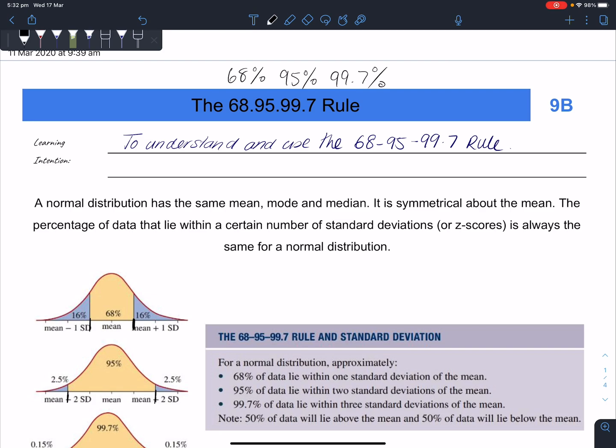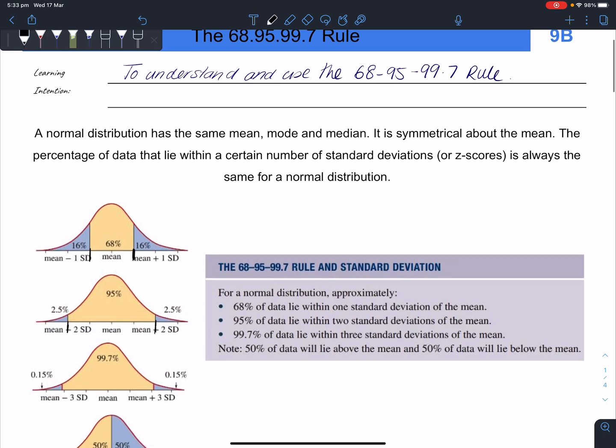Okay, so a normal distribution, we looked at normally distributed data last lesson. A normal distribution has the same mean, mode, and median. It is symmetrical about the mean, so the left-hand side looks like the right-hand side. The percentage of data that lies within a certain number of standard deviations, or z-scores, is always the same for a normal distribution.